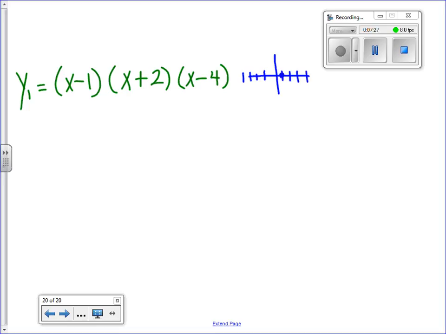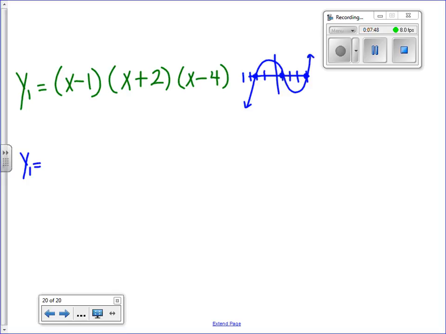General sketch. Looks something like that? Yeah? Okay, sketch that. You might want to sketch that. You might need it for later. You might not. I don't know.